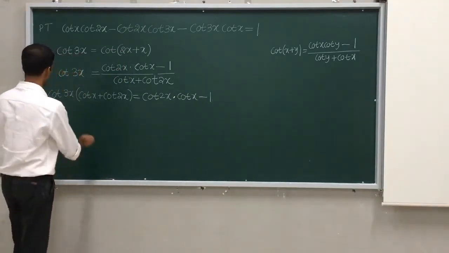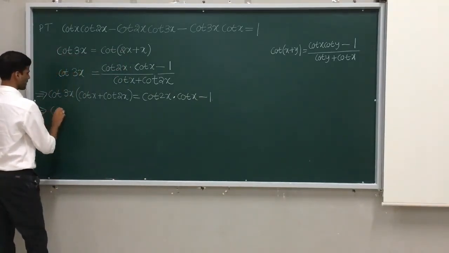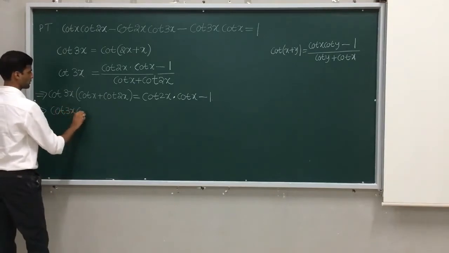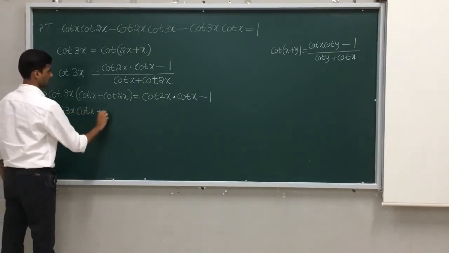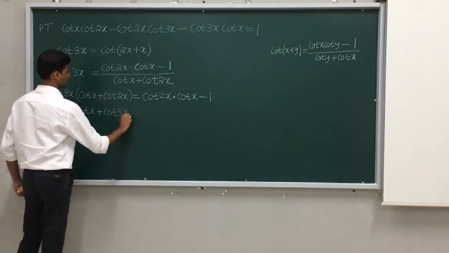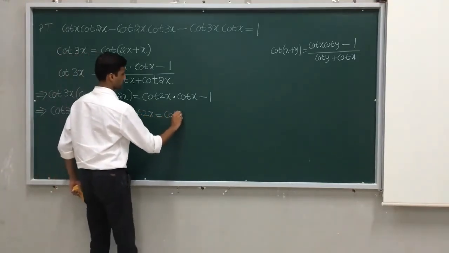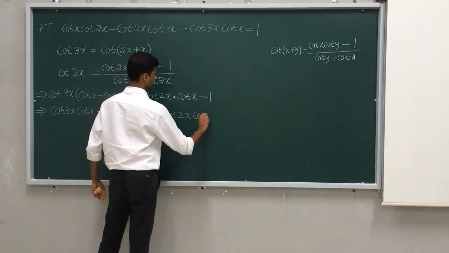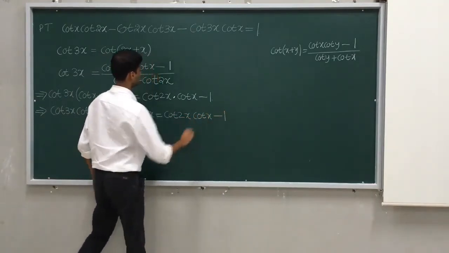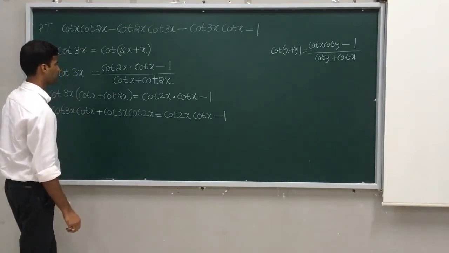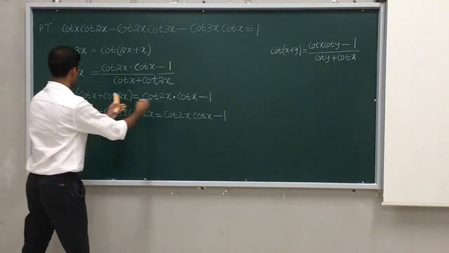Now, what we will simply multiply: cot 3x into cot x, cot 3x into cot 2x equal to cot 2x into cot x minus 1. So what we will do, I will bring all this term on this side.